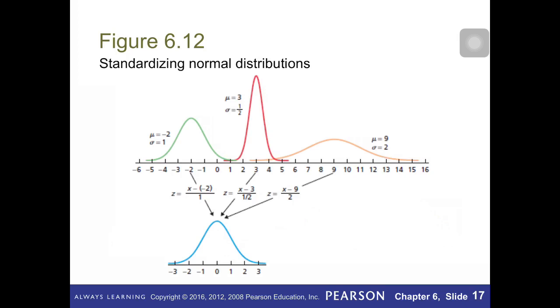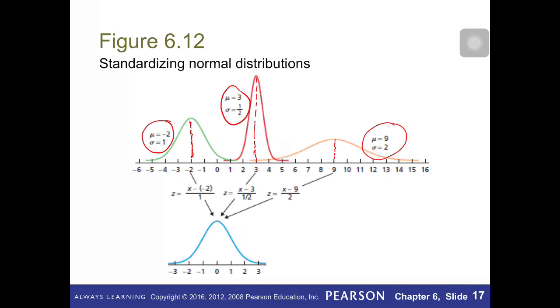You can see it has mu -2 and sigma is 1. Here mu is 3, the center is 3, and sigma is 1/2. In this case mu is 9, you can check, the center is 9, and sigma is 2.